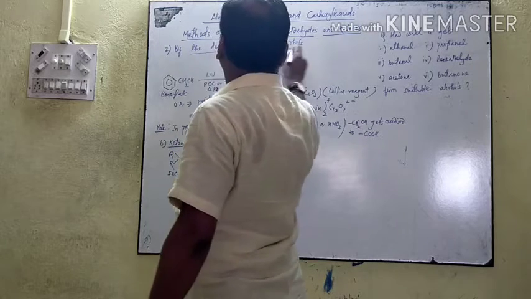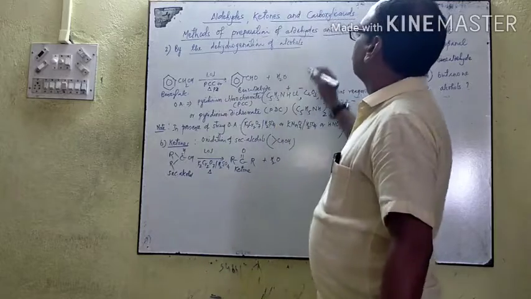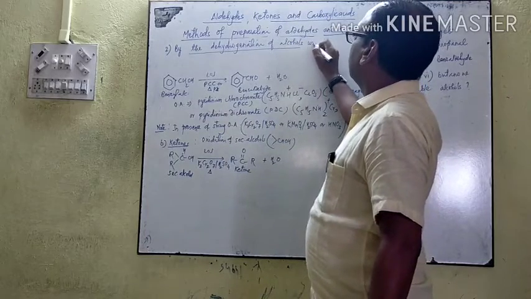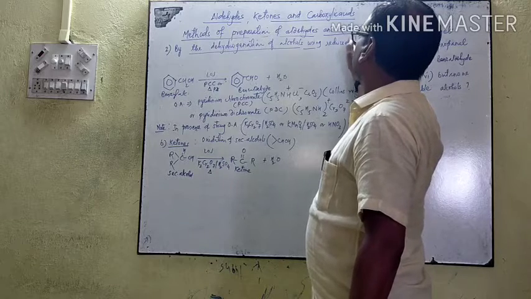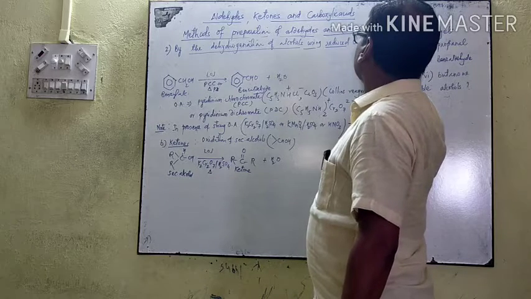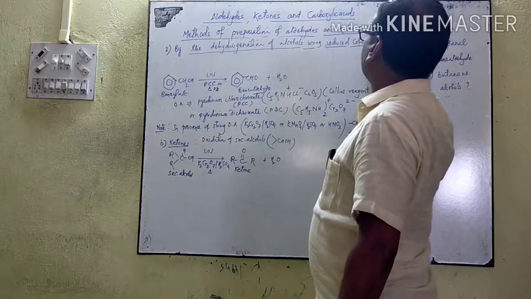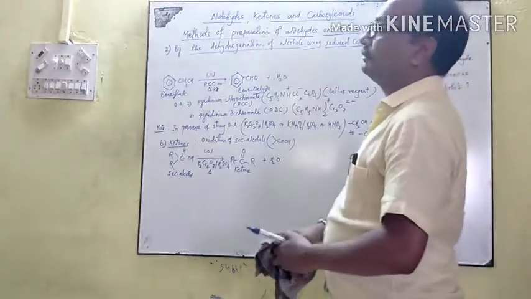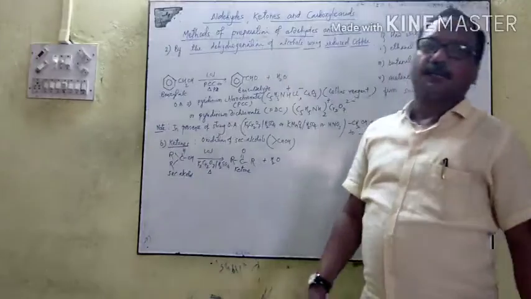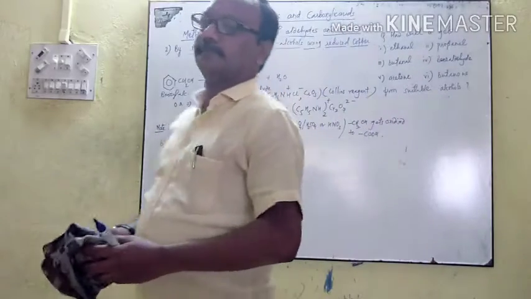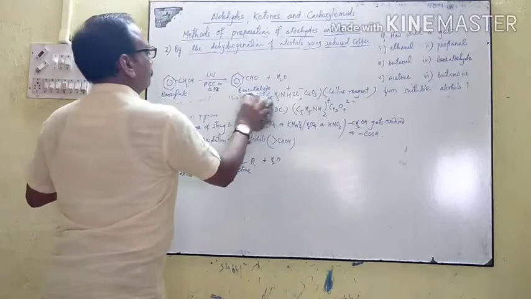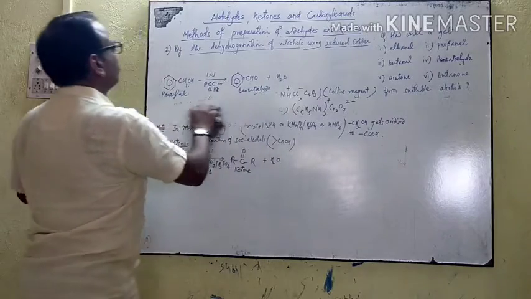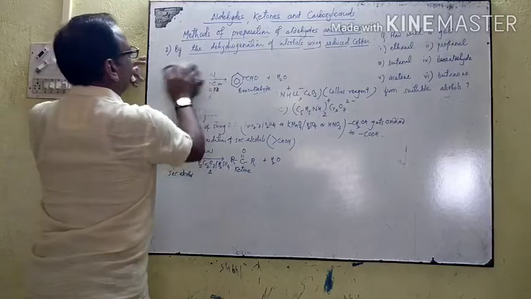Alcohols, using reduced copper. This is the agent. And a temperature of about 300 degrees is needed.